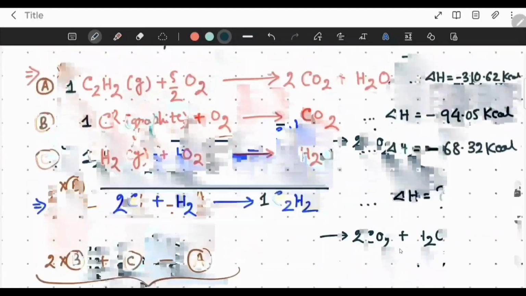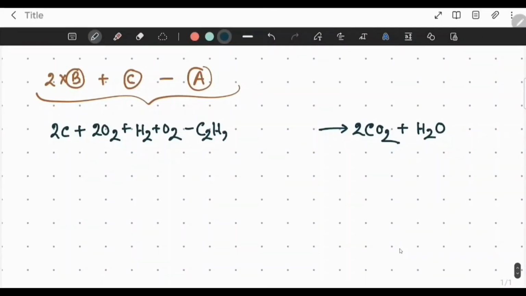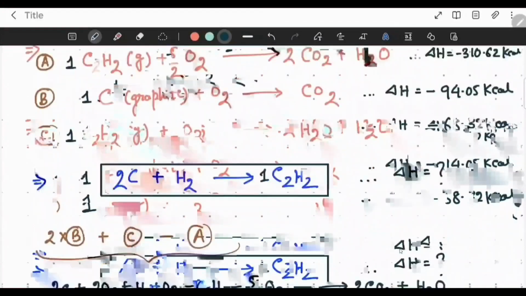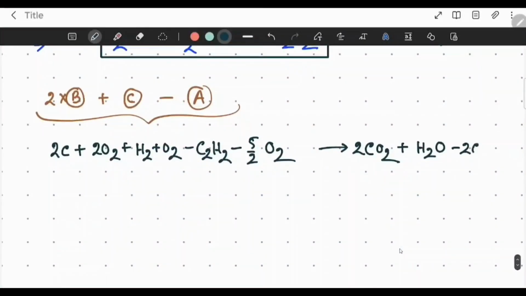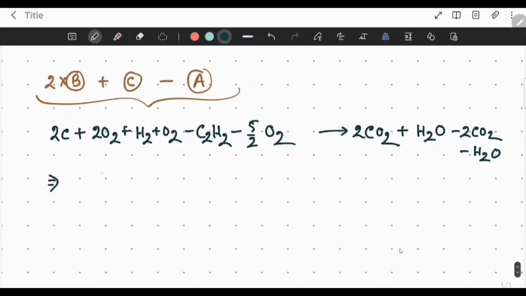And minus A. A is C2H2 minus 5 by 2 O2. And here minus 2CO2 minus H2. So you can write it as 2C plus H2. O2 will also be cancelled out, to C2H2. Okay, so this equation we are getting.